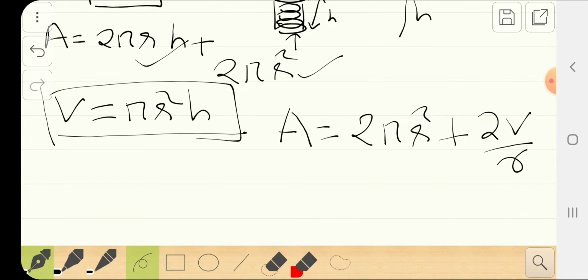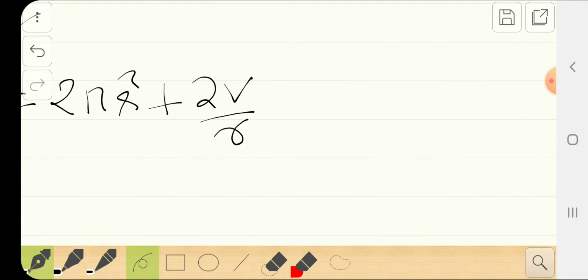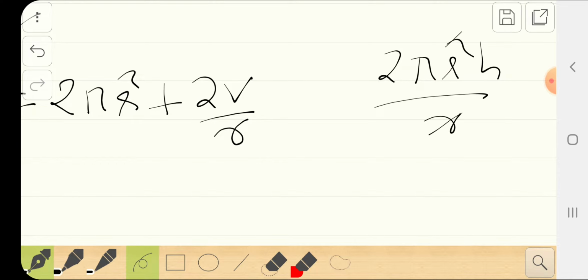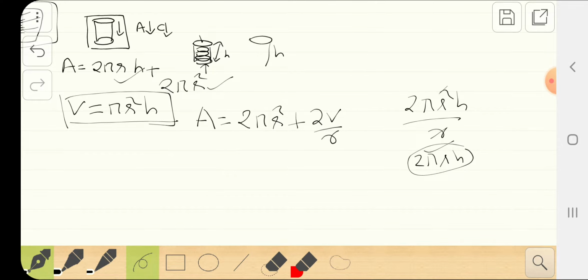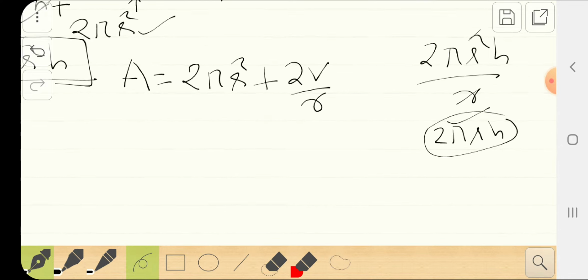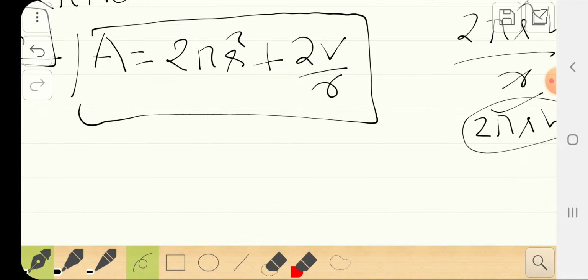If you write it like that, you can check it yourself. So v is equal to pi r square h, so it's 2 pi r square h by r. It cancels and you get 2 pi r h. So that's the same as the equation here, 2 pi r h, right? So it's the same. The area can be written like this in terms of volume.